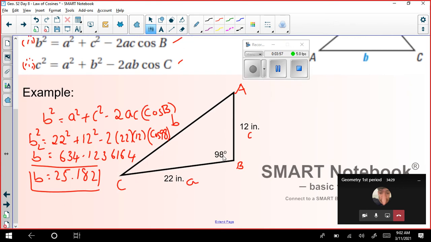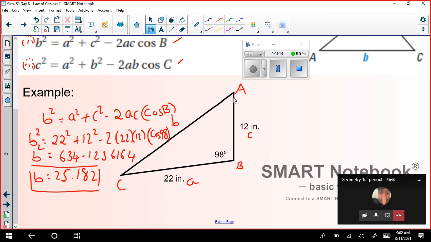Now I want to find the value of either angle A or angle C. Now I have both b and a, or I have both b and c. I can find one of them.